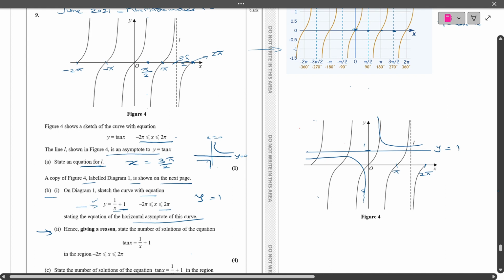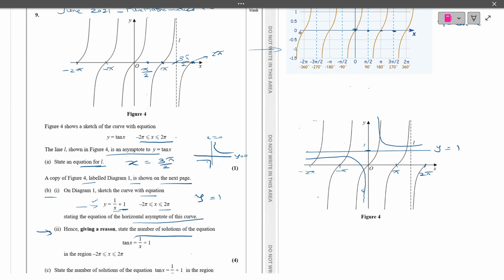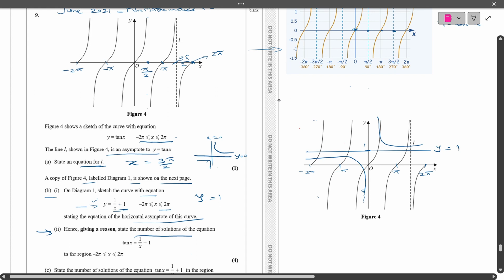And here is 0. This is negative pi. And this is negative 2 pi. Okay. So the number of solutions means the number of points of intersection. So let's check how many points of intersection I have in this graph from negative 2 pi to 2 pi.